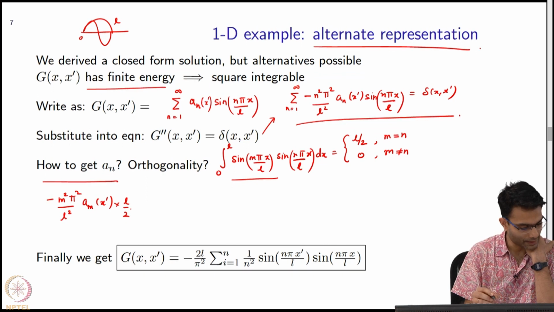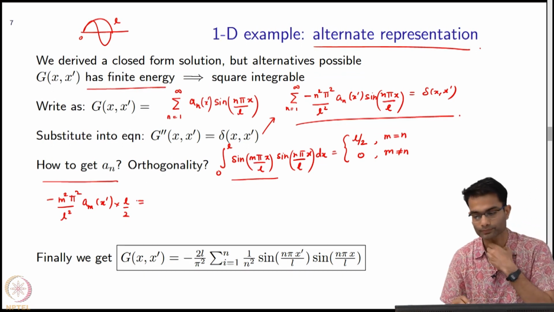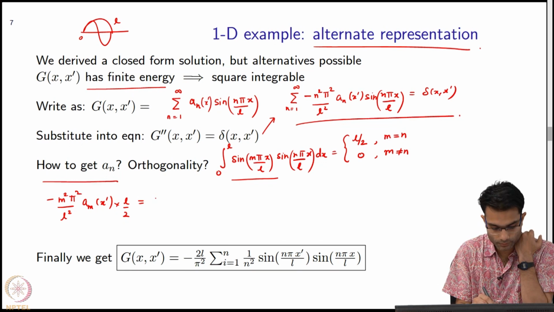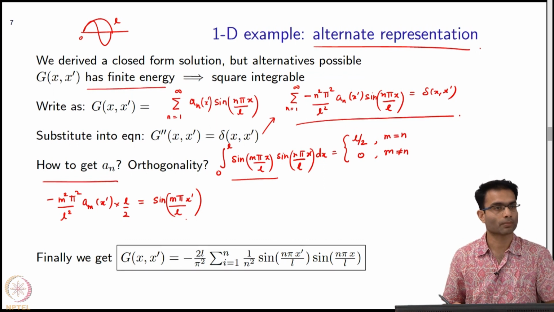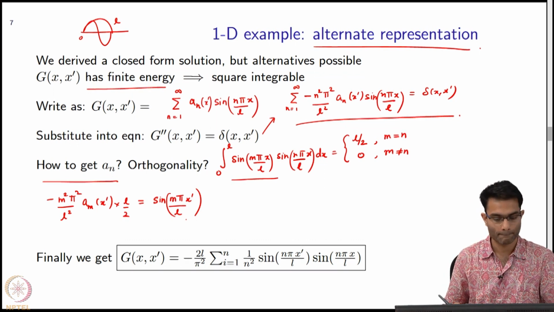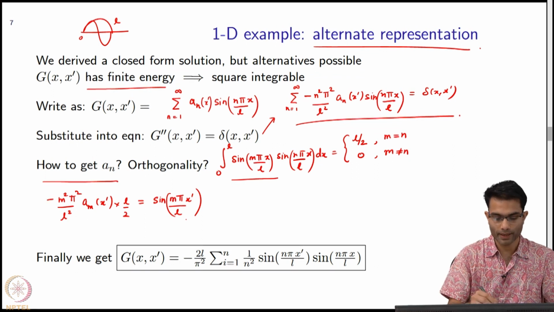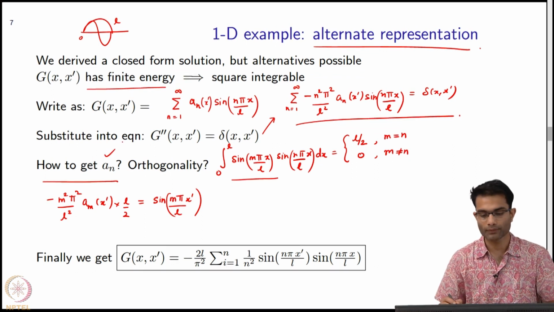And the right hand side is going to give me what? Sin m pi x prime by L. So, I have got my a m.